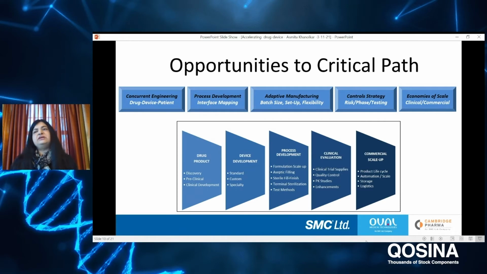Adaptive manufacturing is one of the key elements that can really help in accelerating the development cycle. Especially when you're talking about small batches, flexibility in setups, and being able to get some of the slots to do these iterative cycles that we were talking about, these are very important.